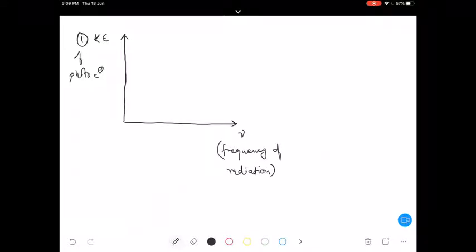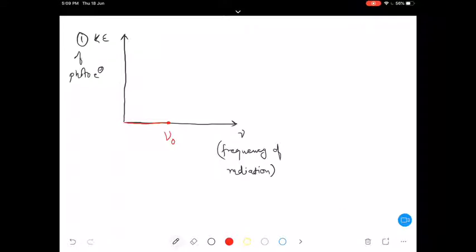So here kinetic energy will have a value of 0 until the frequency of incident radiation becomes equal to the threshold frequency. Up to a certain point, let's say this is here I write this as mu naught.